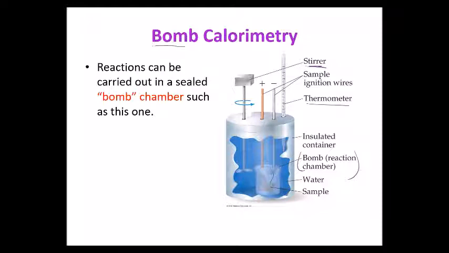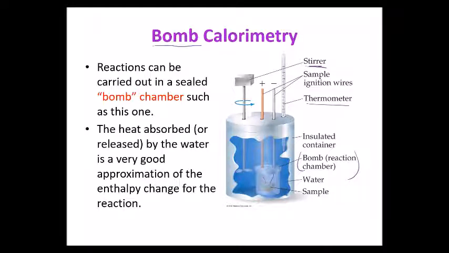And it's kind of under the idea of bomb calorimetry that we are combusting stuff. These are exothermic reactions taking place in here. It's going to heat up the water, and you end up figuring out the delta H of that particular combustion. So the heat absorbed, technically, I guess you could use it for finding it if it cools down as well, but usually these are exothermic because they're combustion reactions.